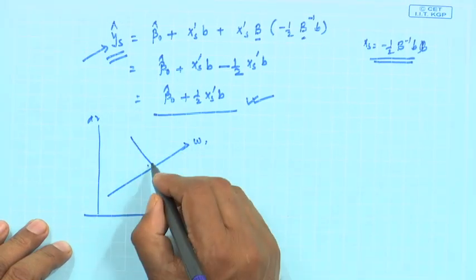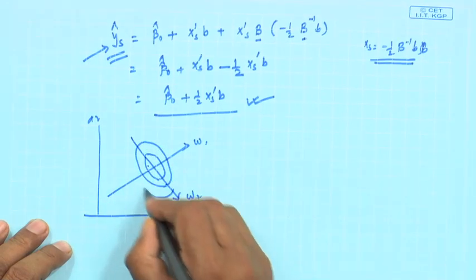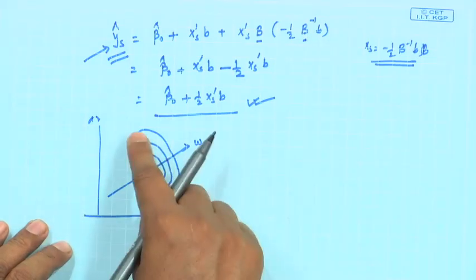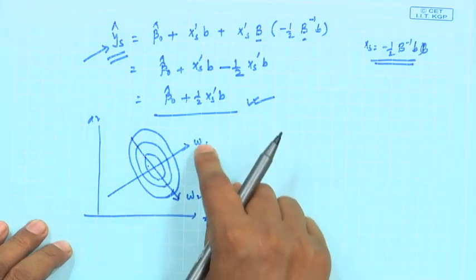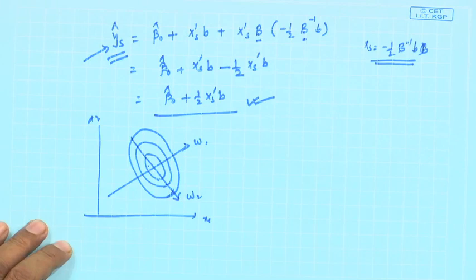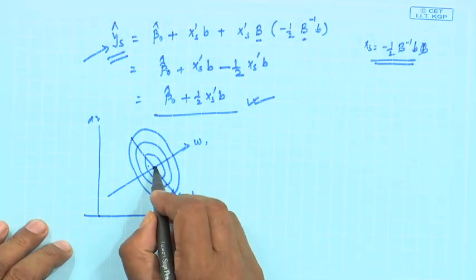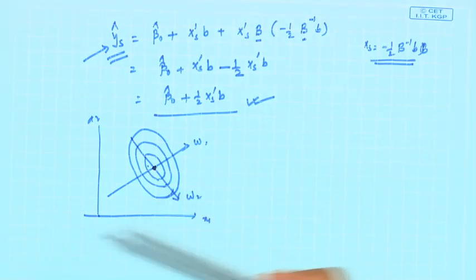Why are you doing this? Because the response contours, the ellipses, have their principal axes parallel to w1 and w2. We want that. So, you first find out the predicted value here, and then add the canonical part.